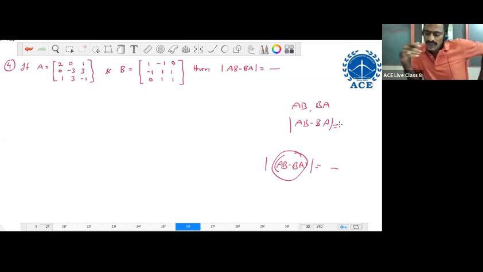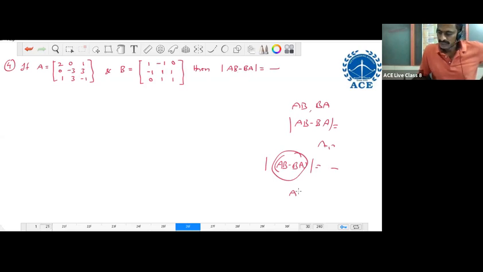Now, before going to find the AB, BA products and the difference of these two, first we have to check whether there is any relation among the matrices A, B, and AB minus BA or not. Or we check whether the matrix is symmetric or skew symmetric.